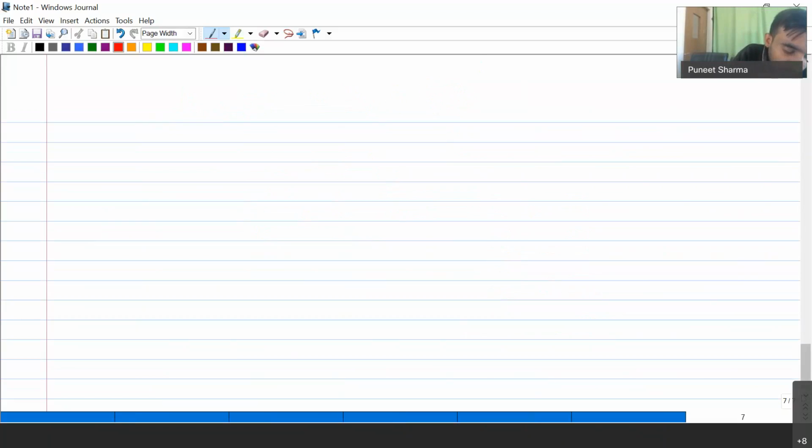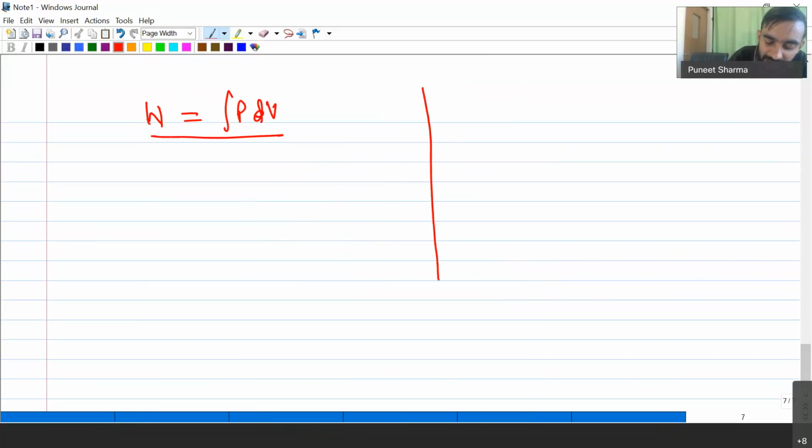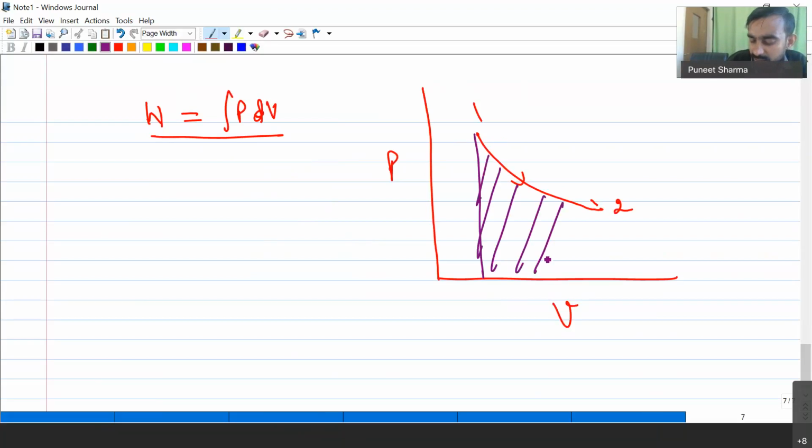We have the generalized equation for work as the integral of PdV. The meaning of this is, if I have my PV diagram and some process is happening from thermodynamic state 1 to thermodynamic state 2, the amount of work done during this process will be the integral of PdV, which is the area under this PV diagram. This point is clear? Yes, sir.